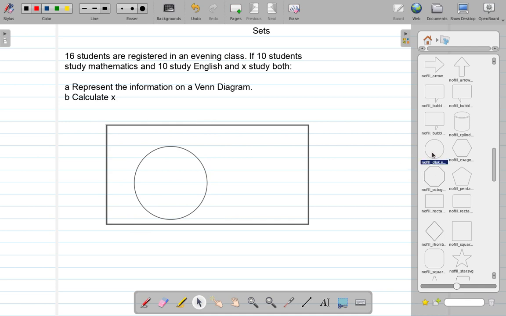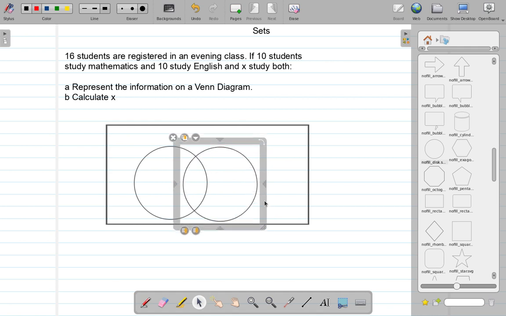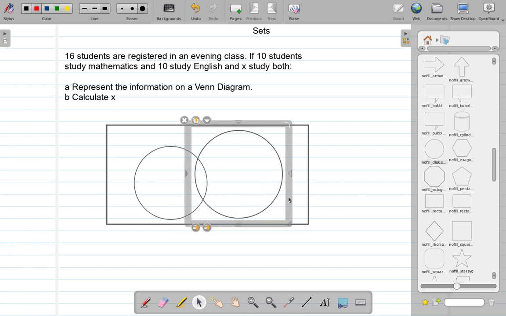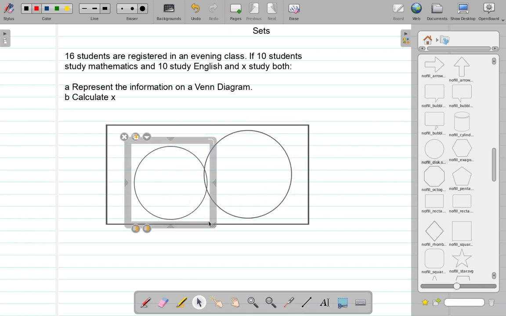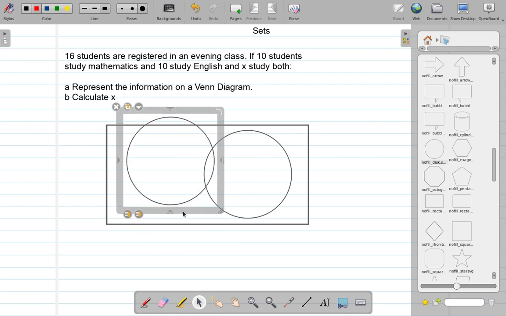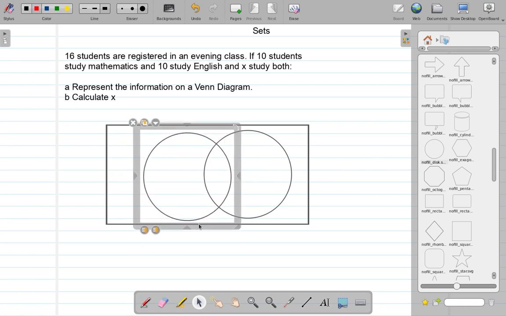to represent those doing maths, and another circle to represent those who are doing English. Alright, let me get it a little bigger over here, and then this one, put it here.